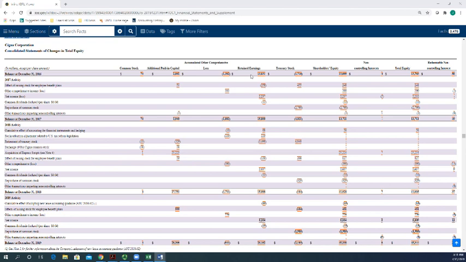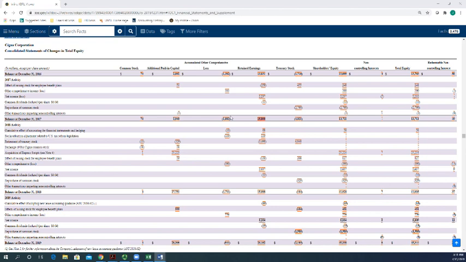So the other columns that you see here, there's the accumulated other comprehensive loss. This is the account that is going to be impacted by the statement of comprehensive income, which is a new statement for this chapter and one that you will prepare for your project.